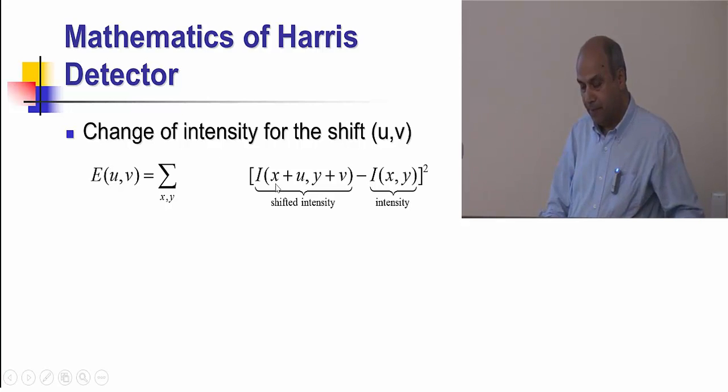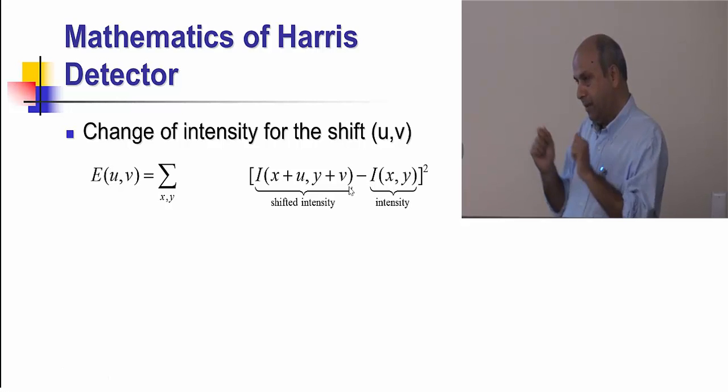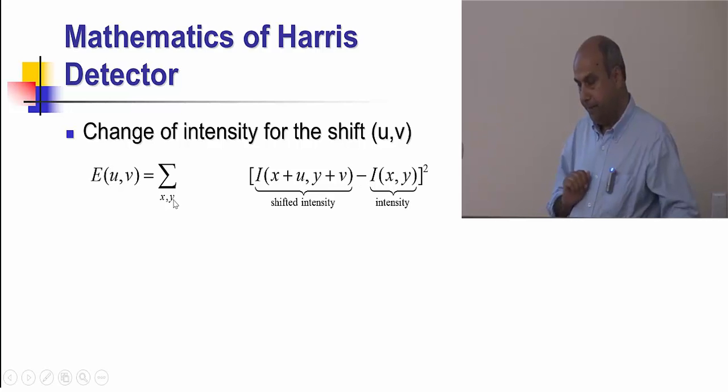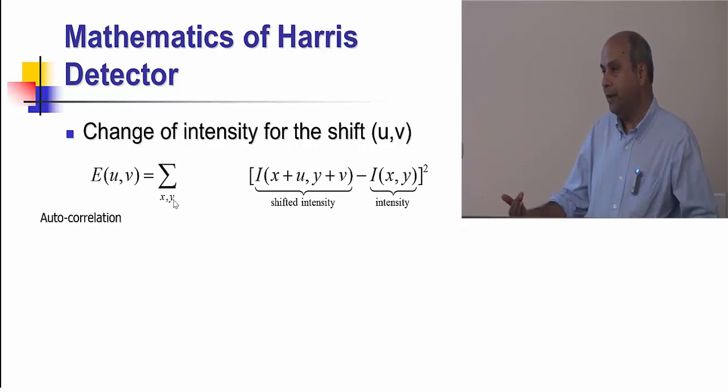That becomes the shifted intensity I(x+u, y+v). We are going to find the SSD, sum of square differences, for all the pixels in this small neighborhood. That is called autocorrelation, because both cases are I, it's not F and H.